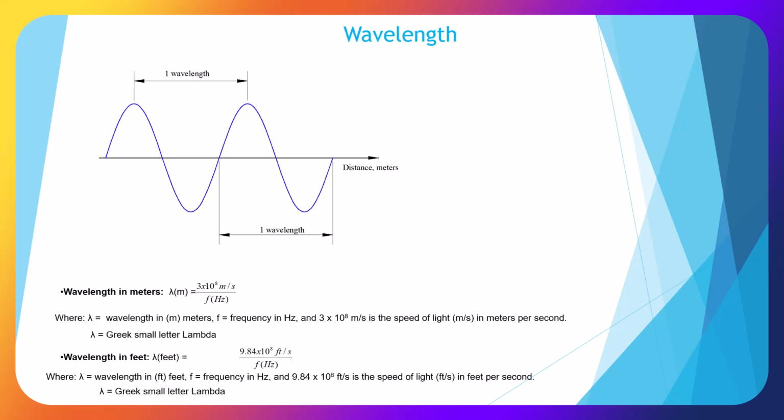Here I'm showing a sine wave, and this is where we're measuring wavelength. It's also the same distance as a period, but instead of frequency, we make it a distance. So our formulas are here for meters and here for feet, and that is for a wave in air.